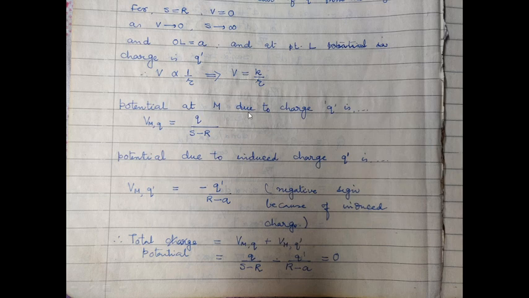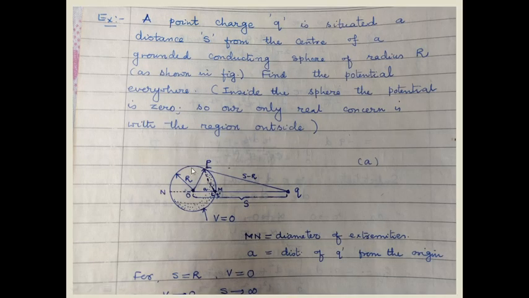Potential at M due to the charge q is equal to V_Mq, that is equal to Kq upon s minus R. What is s minus R? The distance from q to point M. What is that distance? The total distance from the center to q is s, and this distance is reduced by the radius of the sphere.